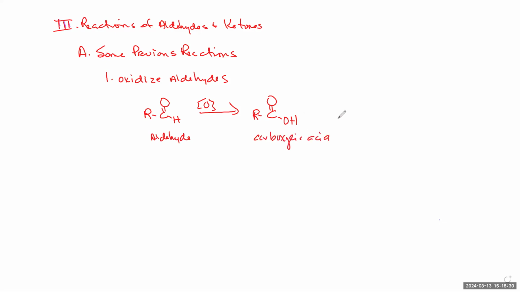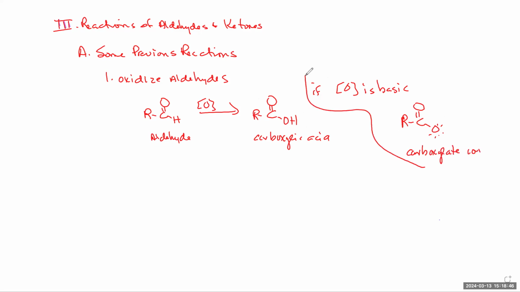Now, of course, if the oxidizing agent is basic, you really won't get the carboxylic acid. You'll get its conjugate base, right? You'll get the carboxylate ion. And then you'd have to add acid to get to the carboxylic acid. But for the most part, people will just say it oxidizes to carboxylic acids.